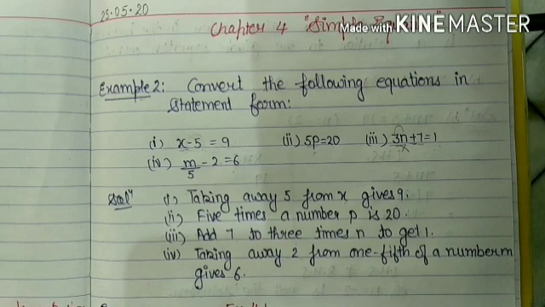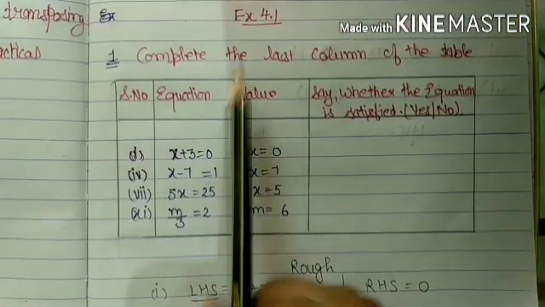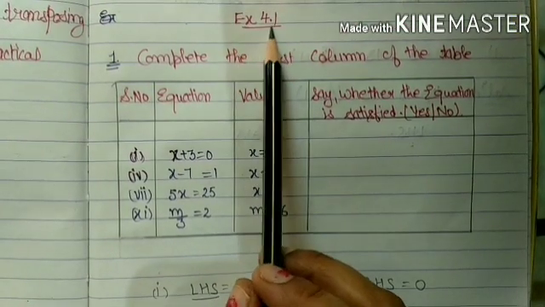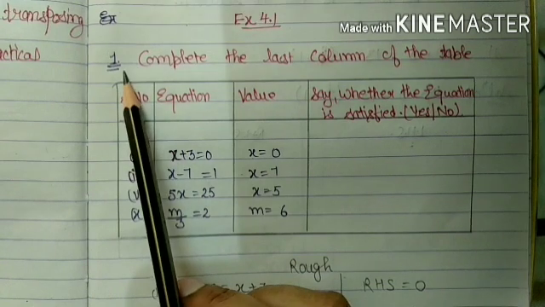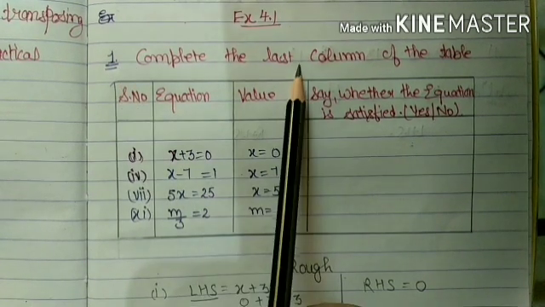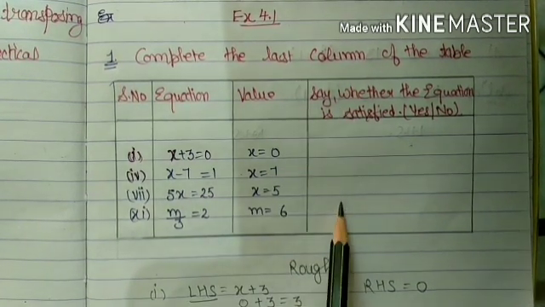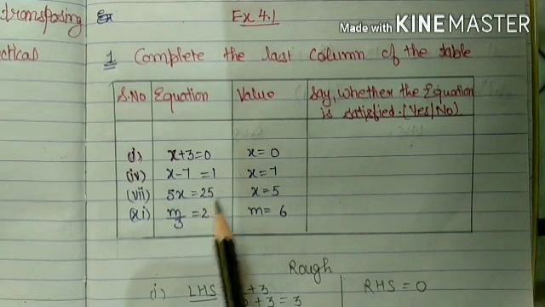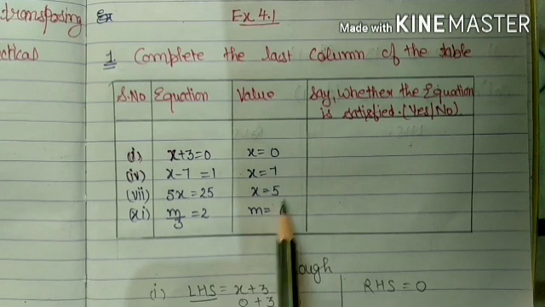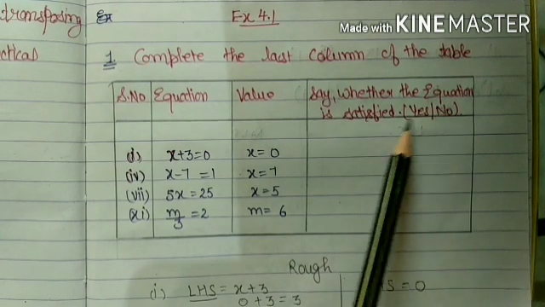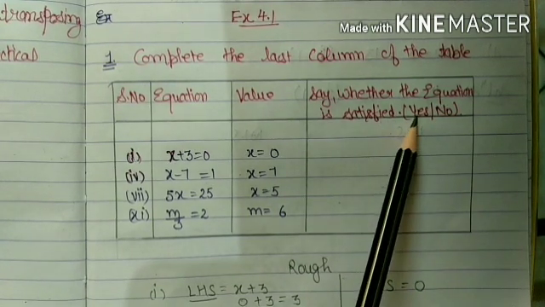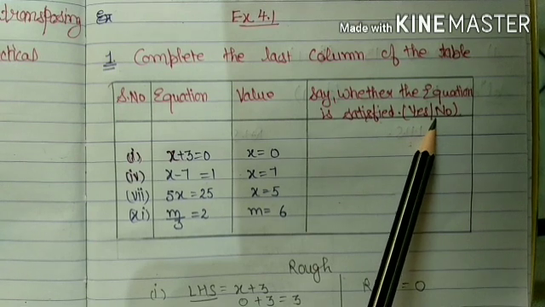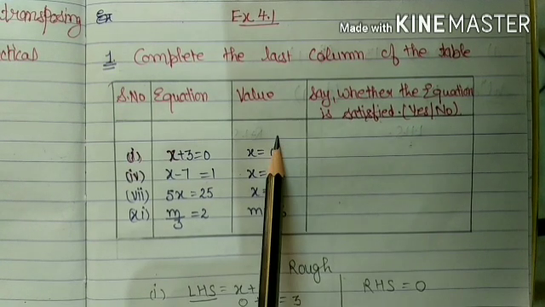In exercise 4.1, question 1 is given in your book. Complete the last column of the table. Here an equation is given and values are given. You have to check whether the equation is satisfied. You have to give the answer yes or no. What does it mean?